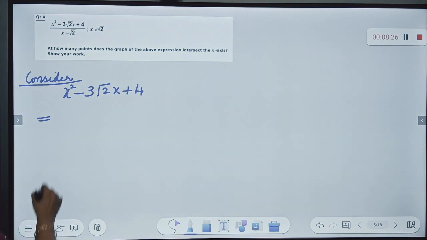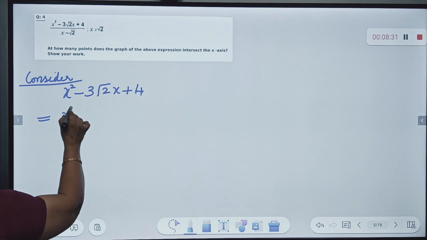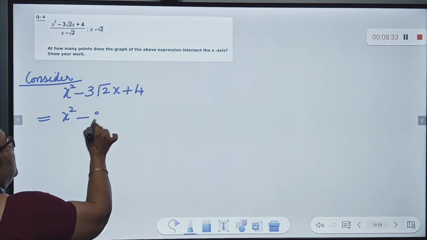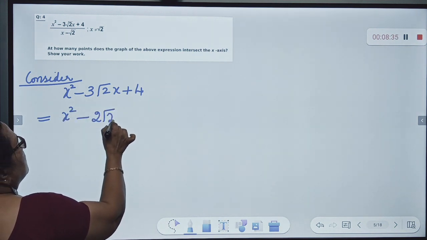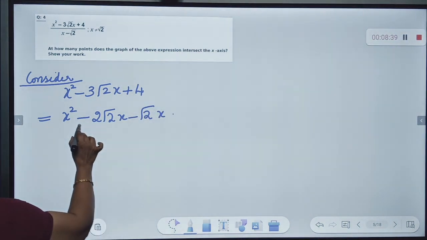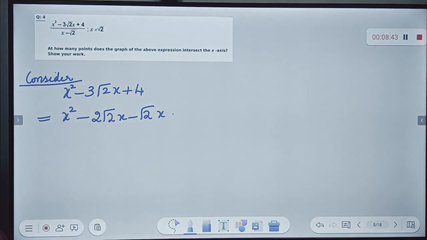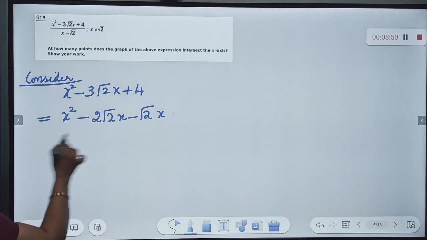Now, how can I factorize it? Minus 2 root 2 x and minus root 2 x, when I add, I will get minus 3 root 2 x. Minus 2 root 2 into minus root 2 will give me 4. So I have factorized this.